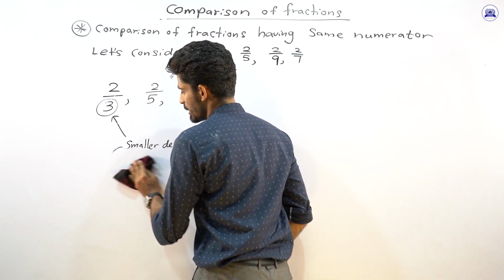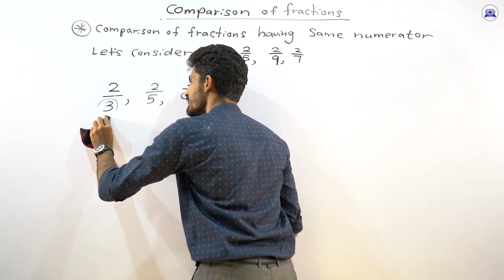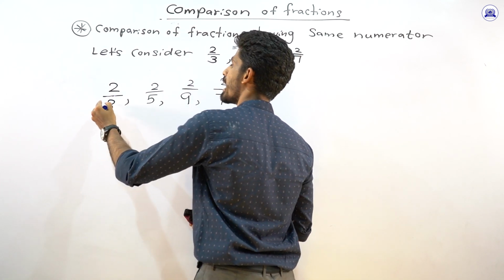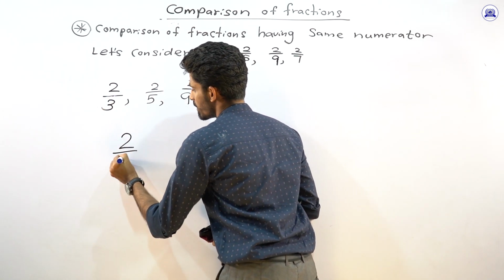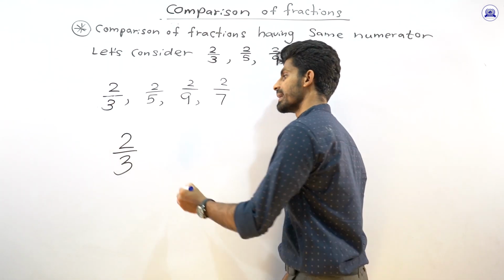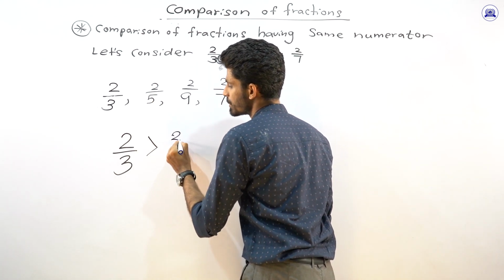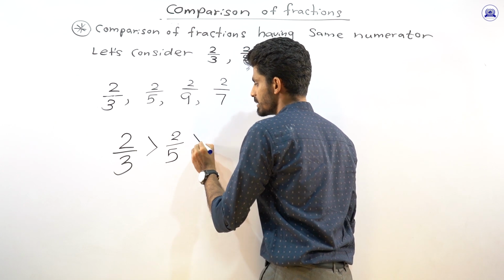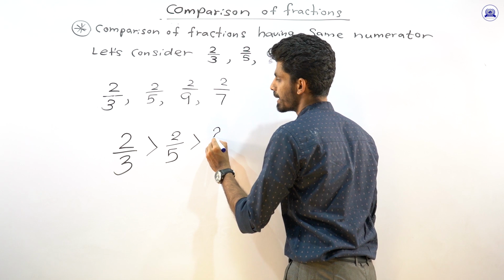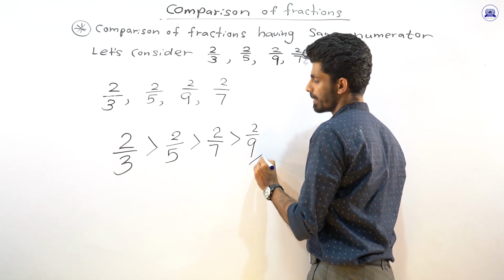Then you need to learn about those things, right? So let's see. I'm just going to clear this one. 2 over 3 is the largest fraction. 2 over 3 is greater than 2 over 5, 2 over 5 is greater than 2 over 7, and 2 over 7 is greater than 2 over 9.